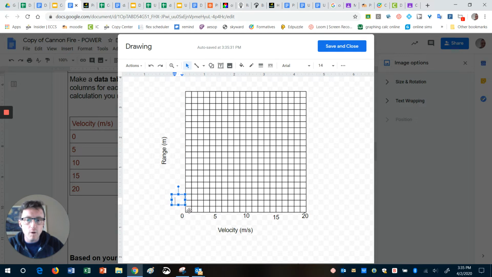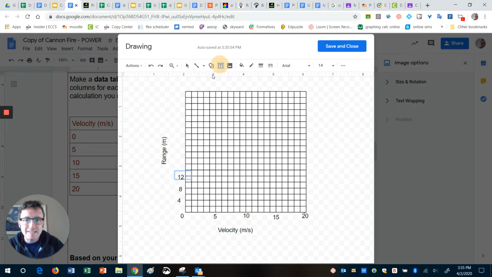2 boxes. If one box is 2 meters, that means 2, 4. So there's 4 meters. Okay, and do another text box. 2 boxes up, so 6, 8. If each box is 2, then this one would be representing 8, or this line, I should say. And then I have 10, 12 for the next one.